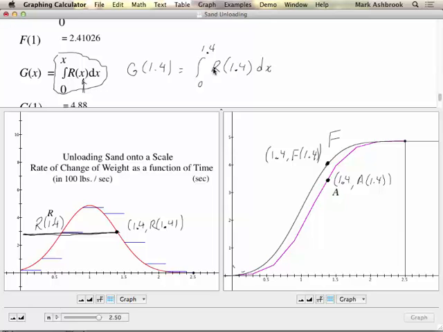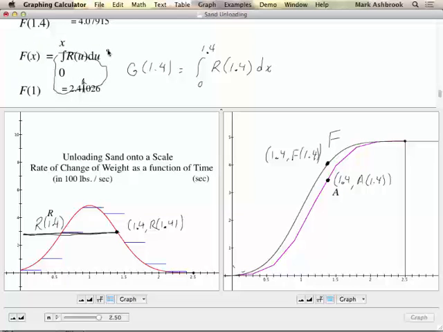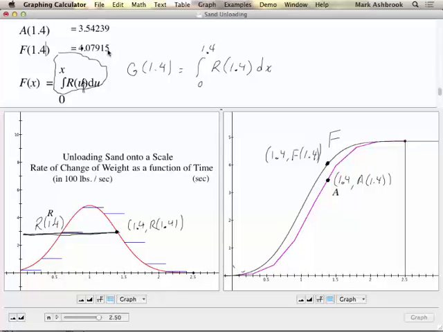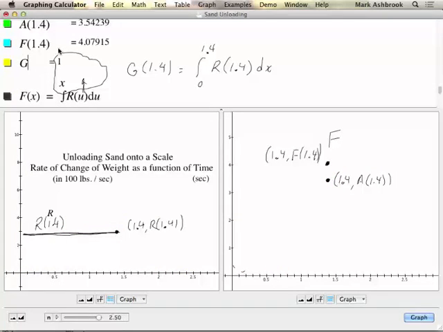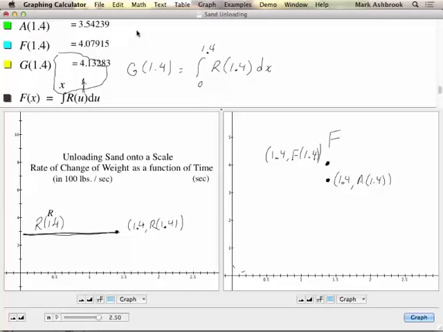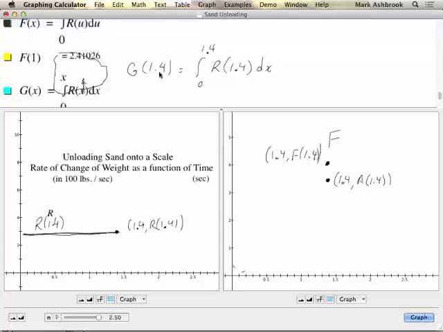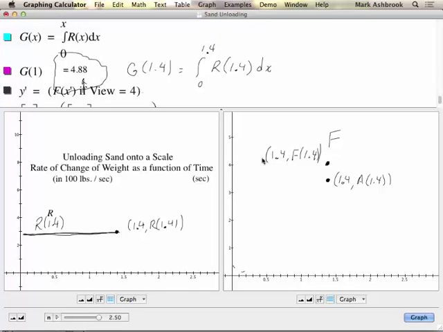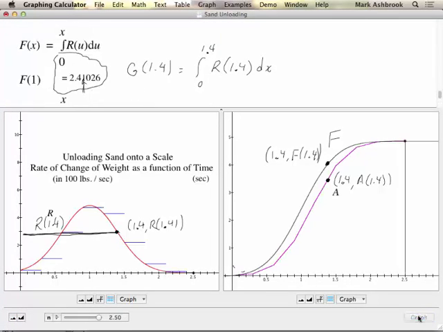So if I put in G of 1.4 now, I'm going to get something different. It won't be right. It's coincidentally close. Only coincidentally. That constant rate happens to balance out being an overestimate and an underestimate.